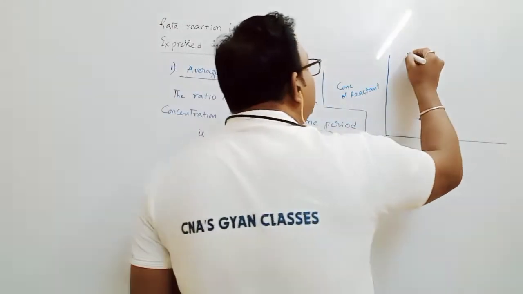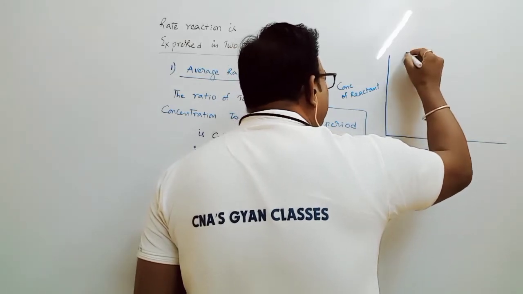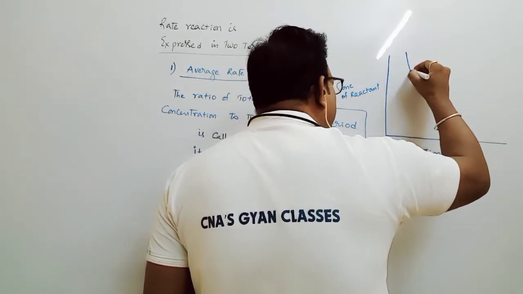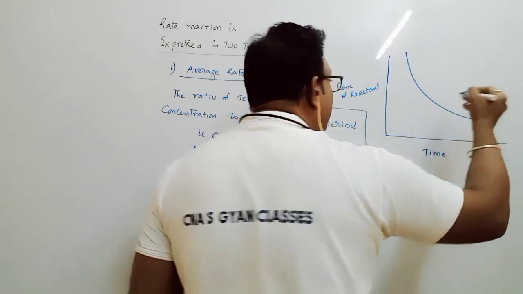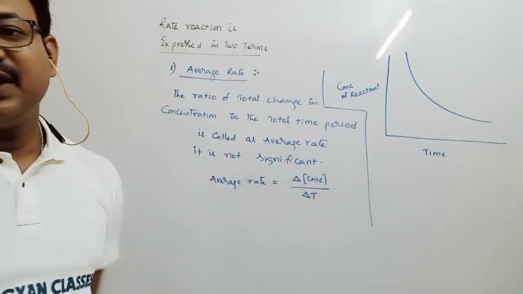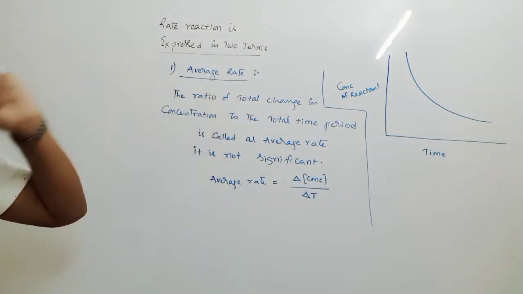And the concentration of reactant initially is maximum, but during the course of reaction, the concentration decreases exponentially with respect to time. So you are getting like this. So this is the graph of concentration of reactant versus time.